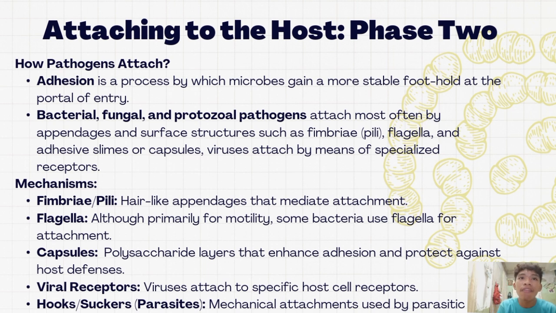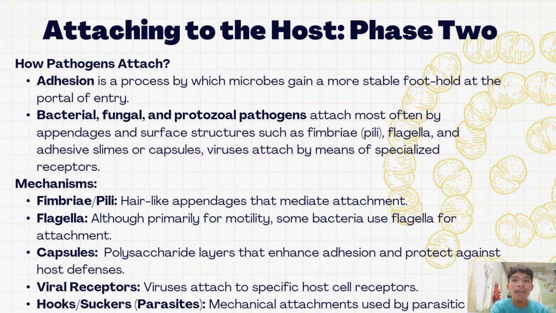Bacterial, fungal, and protozoal pathogens attach most often by appendages and surface structures such as fimbriae, pili, flagella, and adhesive slimes or capsules. Viruses attach by means of specialized receptors.